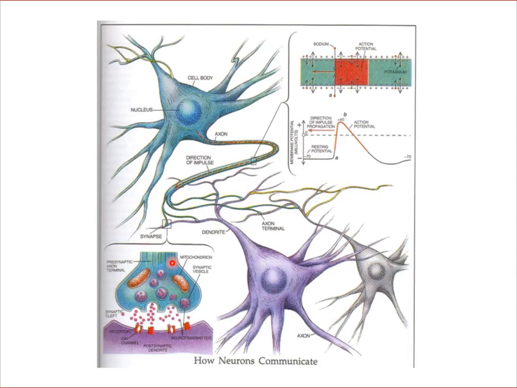And this is a brief introduction to how neurons communicate with each other. Right? So this is a cell, and this is another neuron cell, and one cell sends messages to another cell through a synapse.